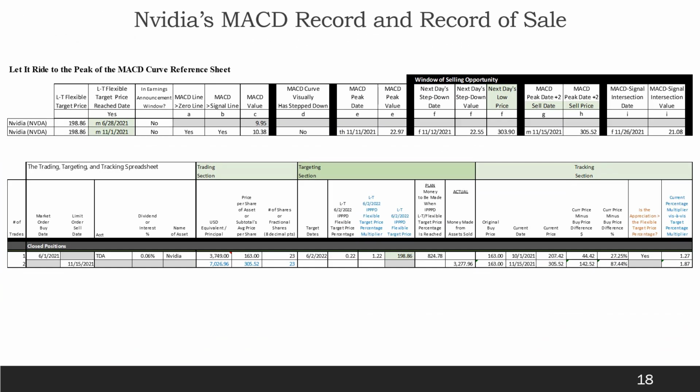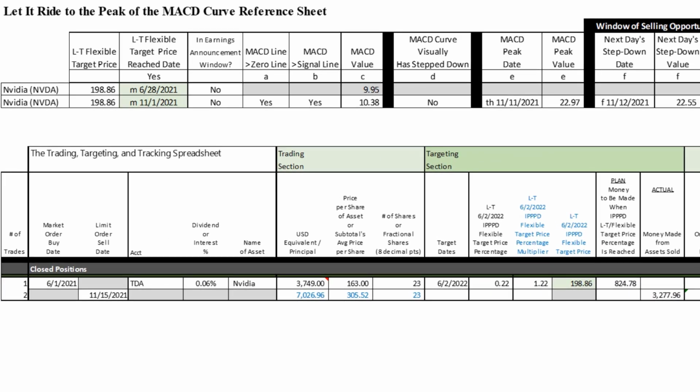NVIDIA's record of sale. Details of the sell trade have been brought down into the trading, targeting, and tracking spreadsheet. See the NVIDIA sell trade of November 15th, 2021, below the buy trade of June 1st, 2021. We have closed out our position, so the number of shares, 23, remains the same.